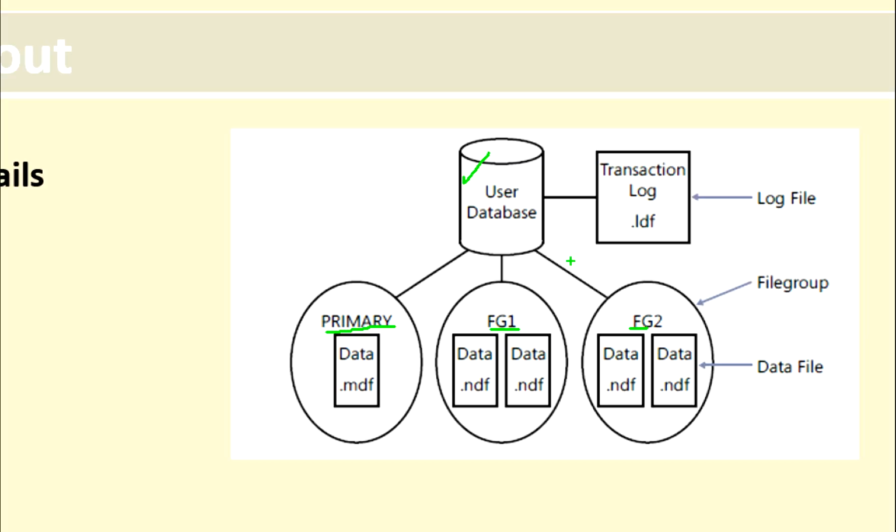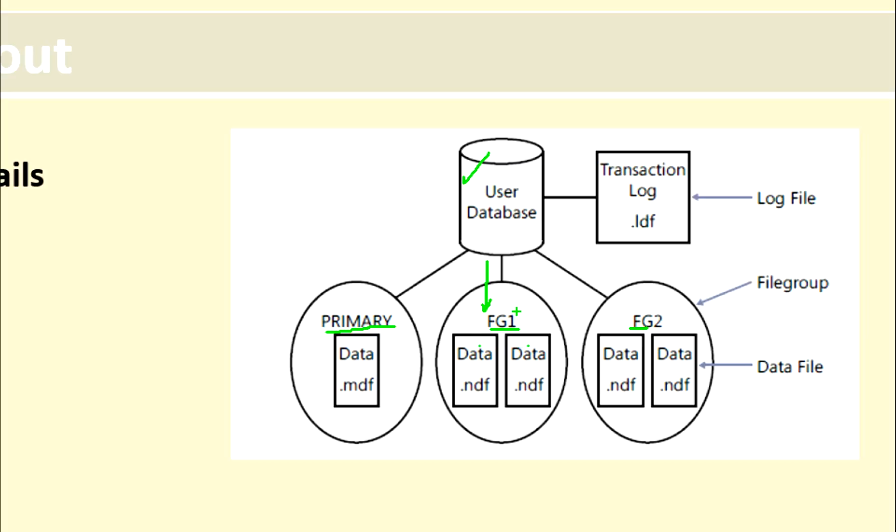Let's say you are inserting a record into a table. That data can go into any file group. By default it goes to the primary file group, but you can specify any file group. When you specify file group 1, all the data goes into those data files.